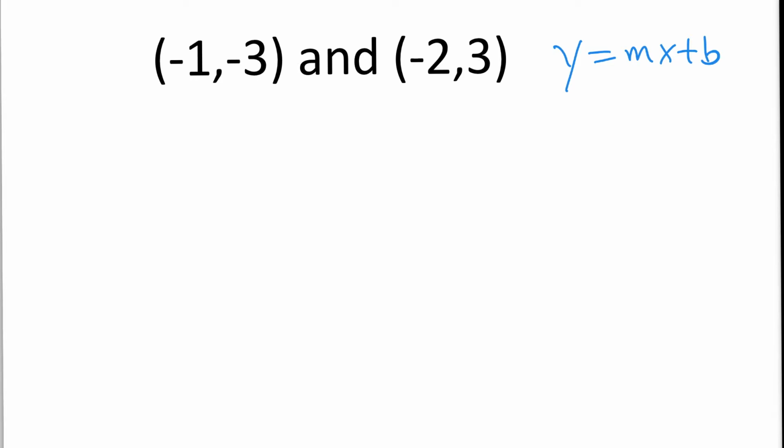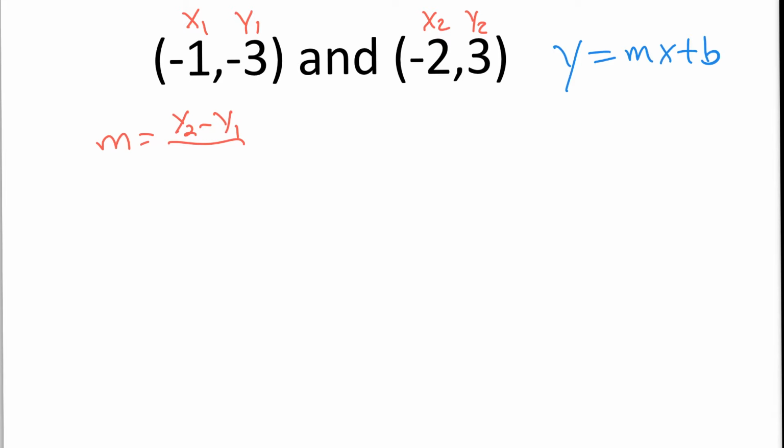So first, I'm going to look for my slope, m. So I'm going to label my x1. So I'm going to go to my first point, x1 and y1. I go to my second point, x2 and the y2. I use my formula, and just in case you guys forget or you don't remember the formula, here it is.